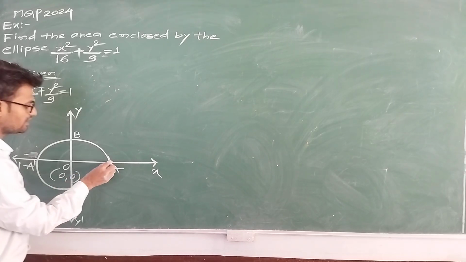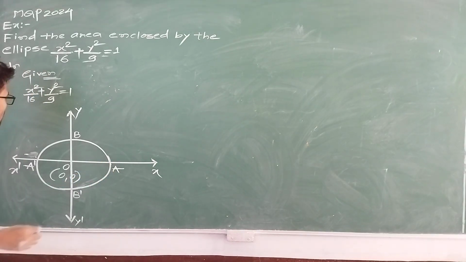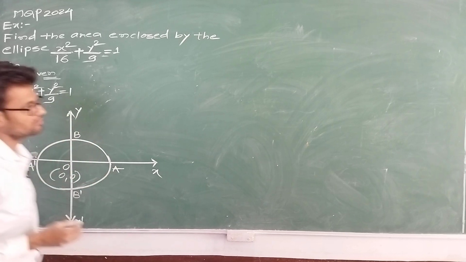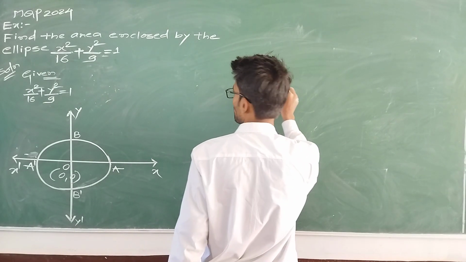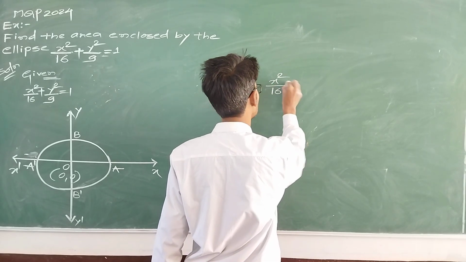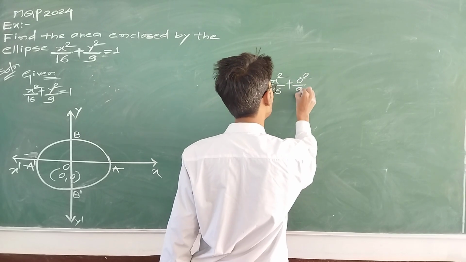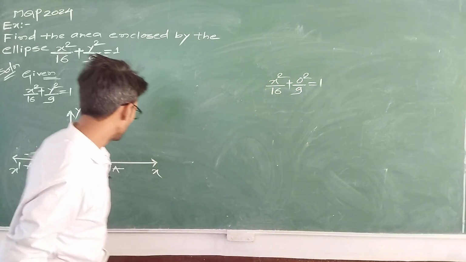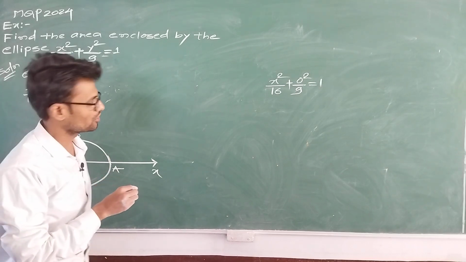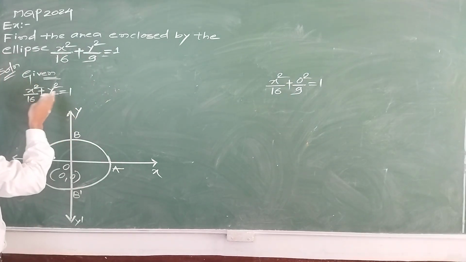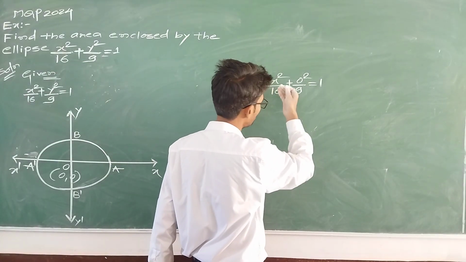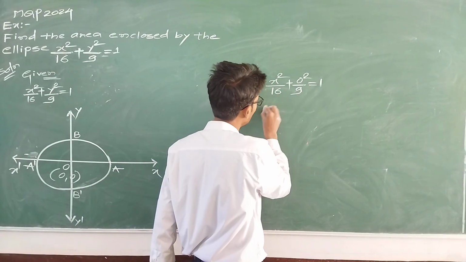See, this point A lies on the x axis, and here the value of y is 0. So I go for rough calculation. We take the value of y as 0 in this equation: x square by 16 plus 0 square by 9 equal to 1.